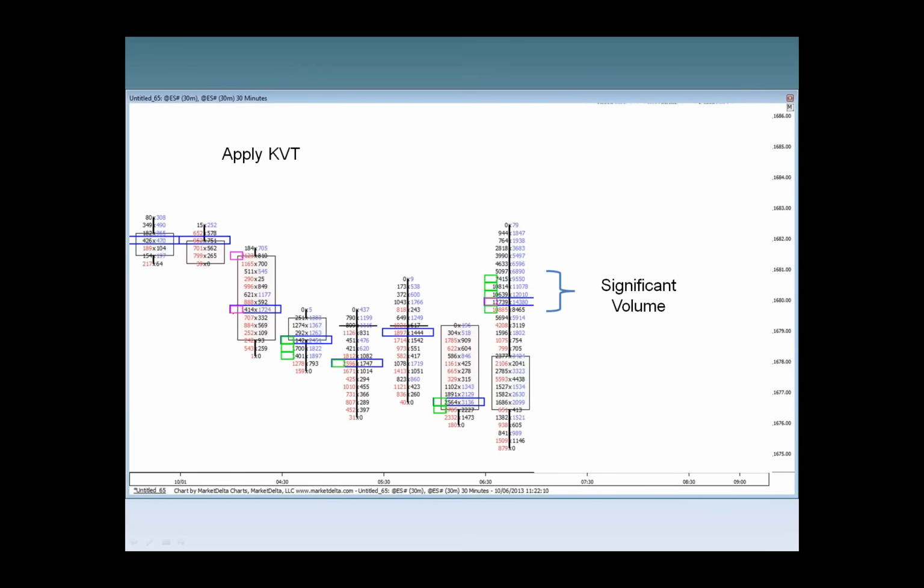And that's why you don't quite see as many magentas as you would the greens. But they're both important because they both tell me that there are footprint traces here of major participants in the market that are likely to influence and impact price movement in the marketplace.